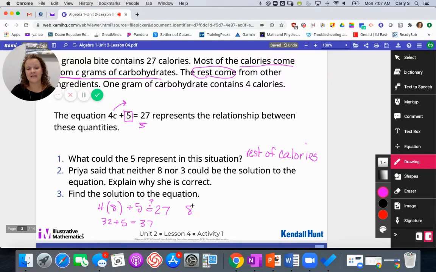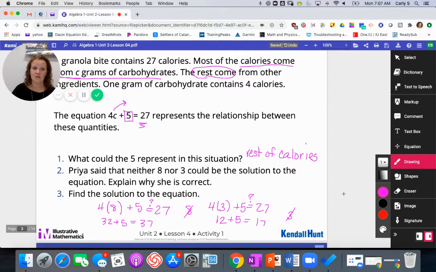So 8 is not a solution. Let's try 3. 4 times 3, just substitute, equals 27. Again, I'm going to put a question mark there. 4 times 3 is 12, plus 5 is 17. So 3 is not a solution.